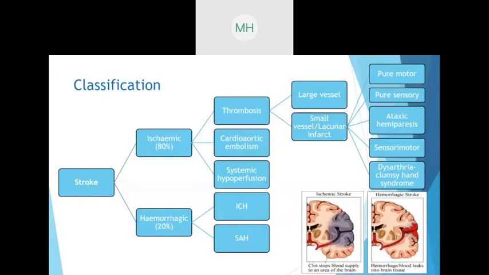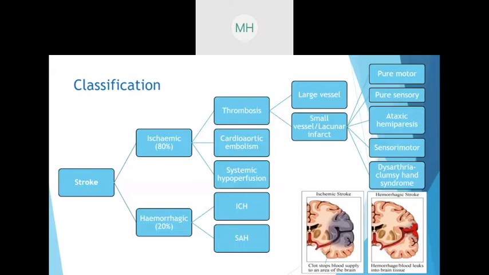There are overall five clinical syndromes with lacunar infarcts. The first one is pure motor, meaning the patient comes purely with motor weakness, without sensory loss and also cortical signs, like aphasia, apraxia or agnosia. Next is pure sensory, meaning the patient only comes with sensory loss without motor weakness or cortical signs.